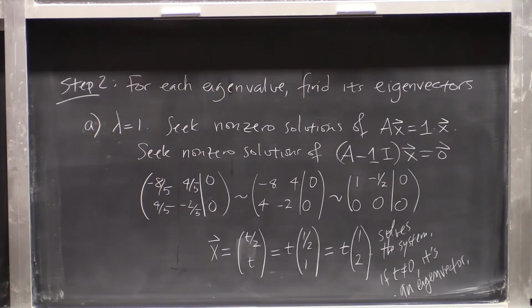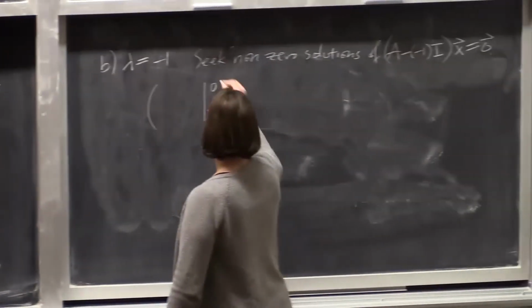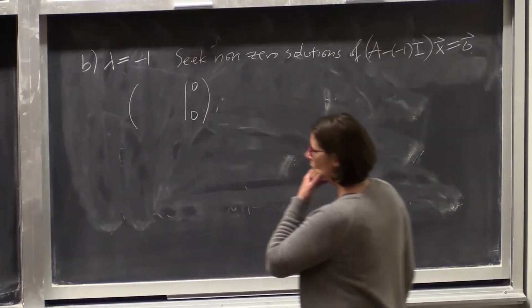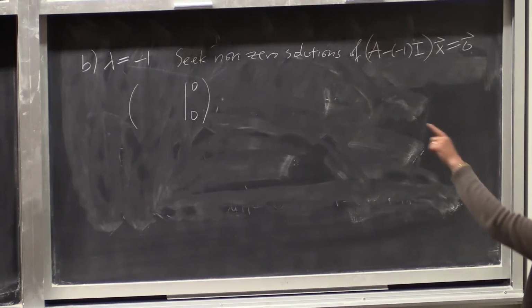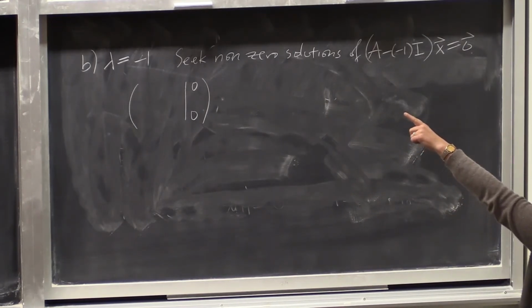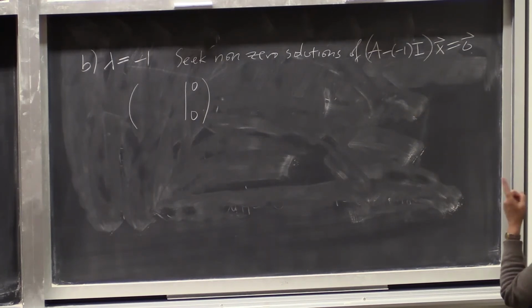So I write down an augmented matrix. I need to subtract -1 from the diagonal. I look at the second line, that determinant, and plug lambda equals -1 in there.